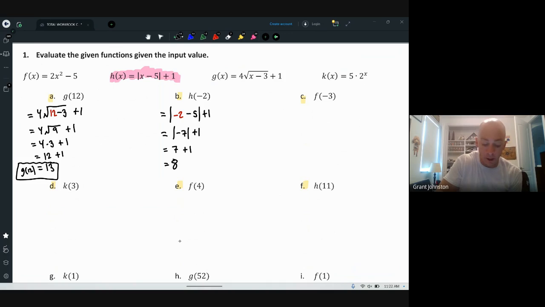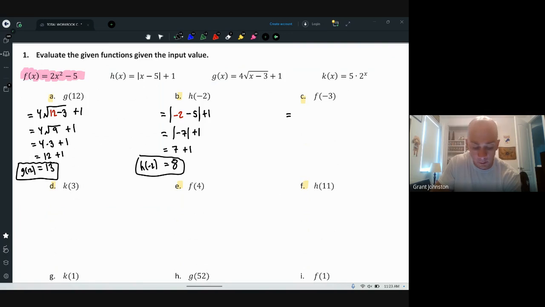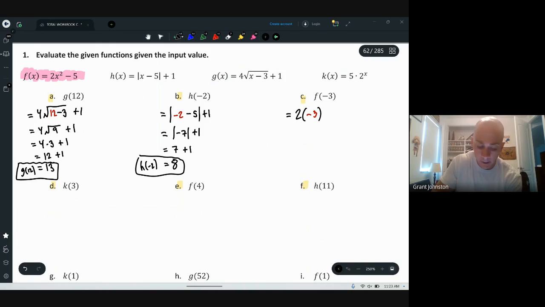You can write h of negative 2 here if you want, equals 8. So f of negative 3. We'll be using the f function. So I'm going to substitute negative 3 in for x.